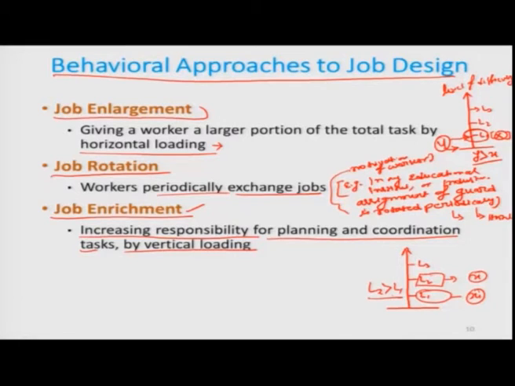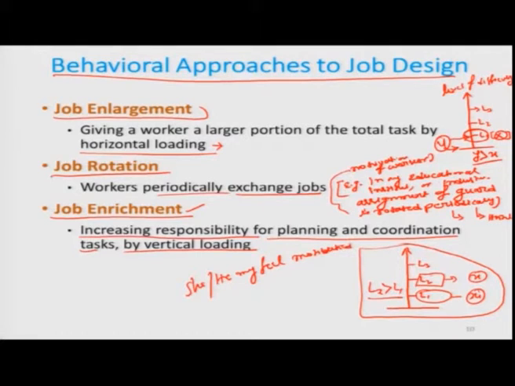Okay. Here what you are doing, you are making him more responsible to the organization. So, he may feel motivated for doing new work.